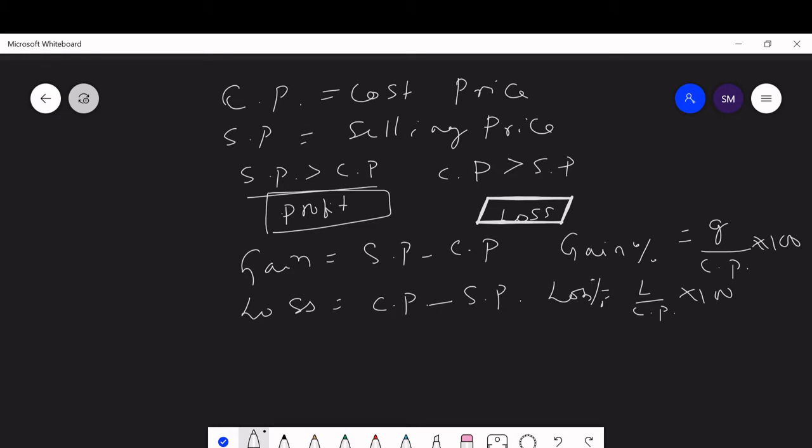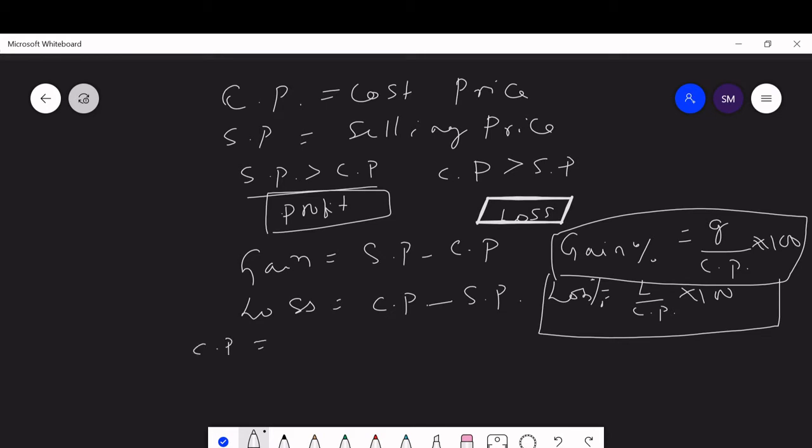Students, please note down the formula. Gain percent is equal to gain upon CP into 100. In case of loss percent, it is loss upon CP into 100. When we know the cost price and the gain percentage, and we have to find the SP, selling price is equal to (100 plus gain percent) upon 100 into cost price.